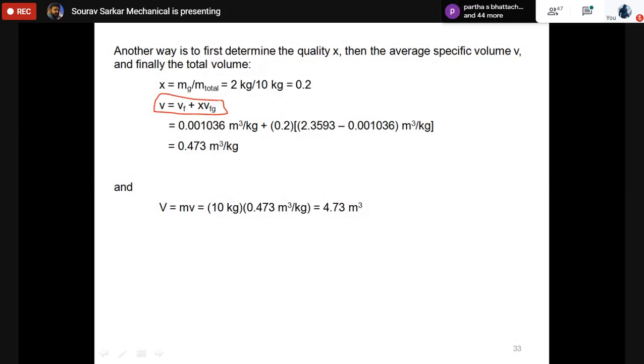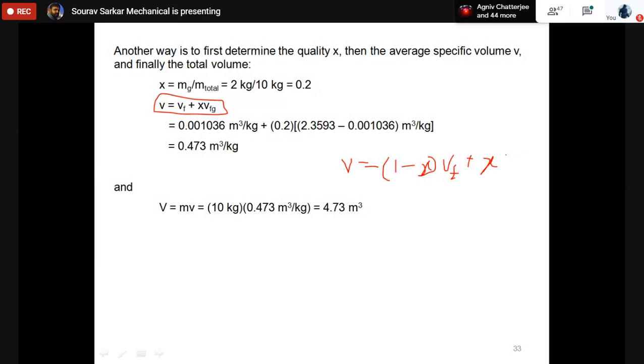Yes, sir. How can we write it? So V equals 1 minus x into VF plus x into VG. If we take the x as common, then in the bracket it will be VG minus VF. So VG minus VF is VFG.